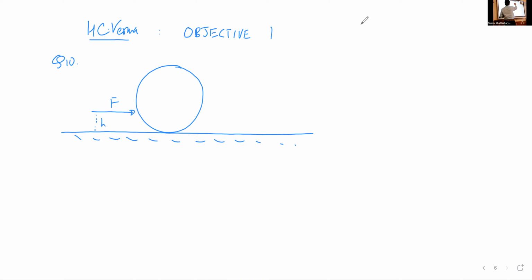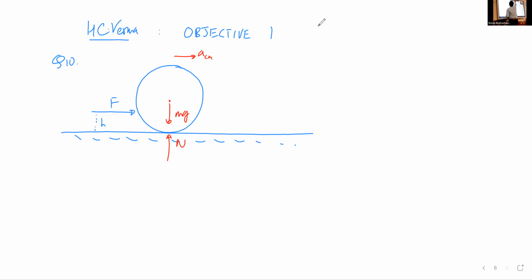So what should be the acceleration of the center of mass? Through the center of mass there is mg acting. Through this point there's normal reaction N acting. So this system will accelerate like this. Now because of this force it might start spinning also because it's creating a torque, but we are not asked for that. We are just asked to find the linear acceleration of the center of mass.